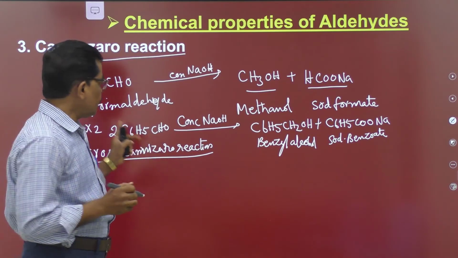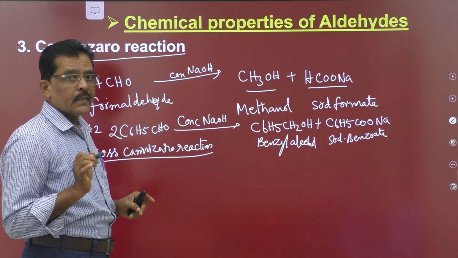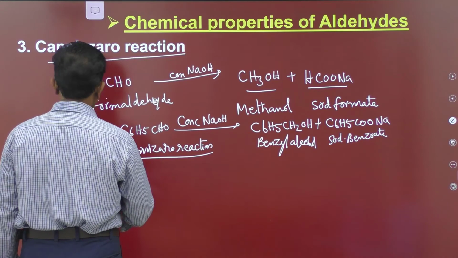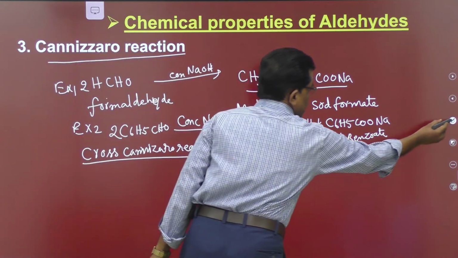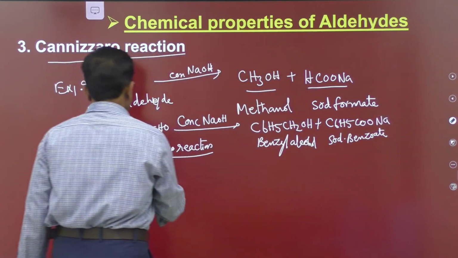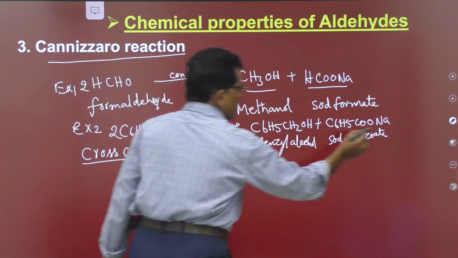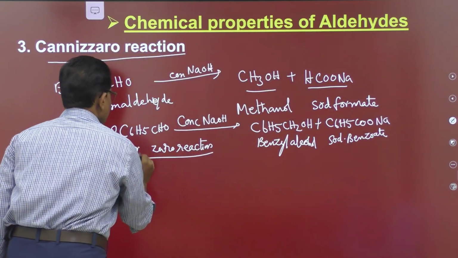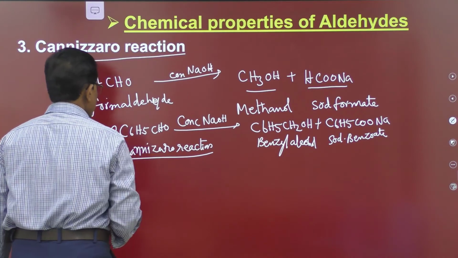When 2 different aldehydes are taken, it is said to be a crossed Cannizzaro reaction.